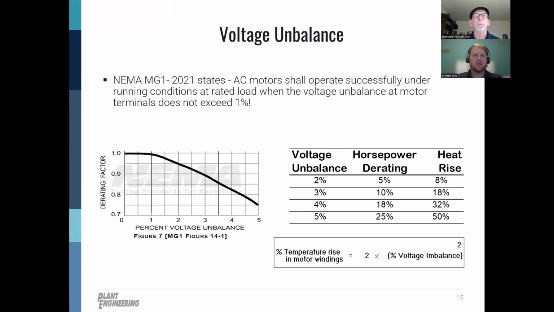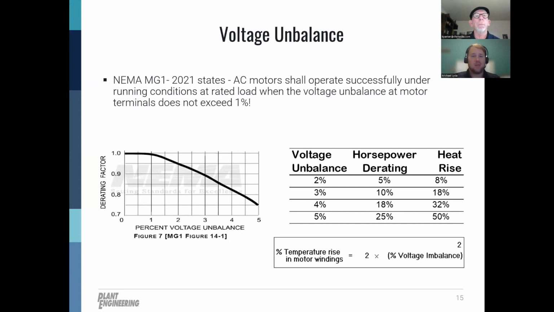Continuing on the voltage discussion, voltage imbalance is another major problem. Some level of voltage imbalance is very common pretty much anywhere you have three-phase power. With all the different loads you may have on each leg of the three phases, it's very difficult to keep that power perfectly balanced.